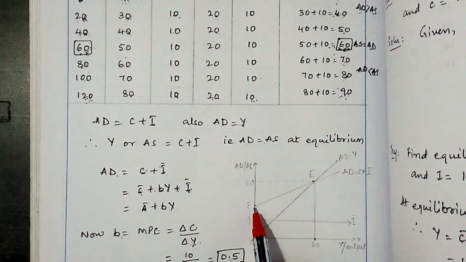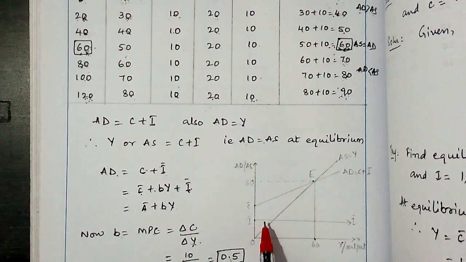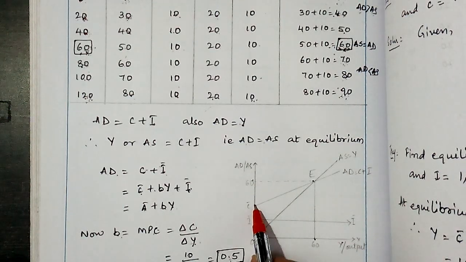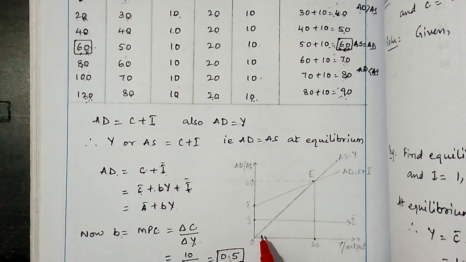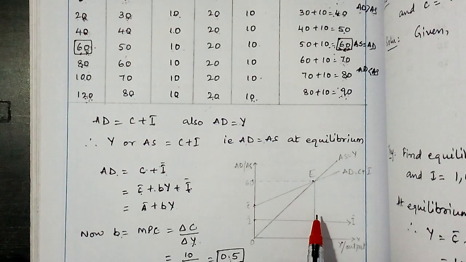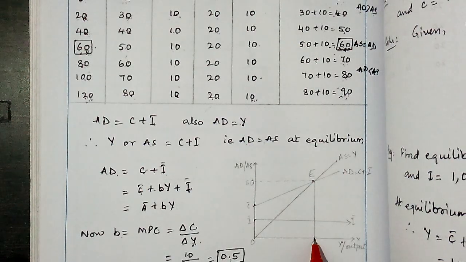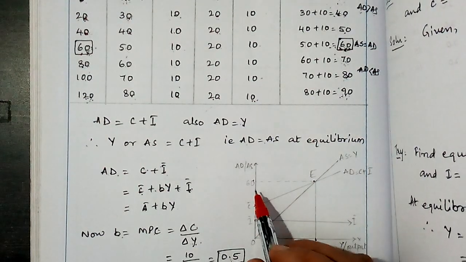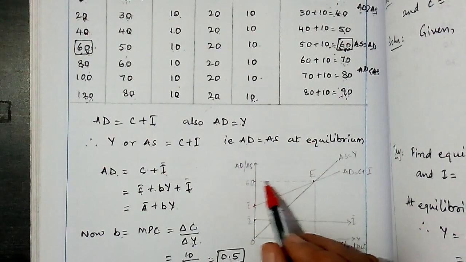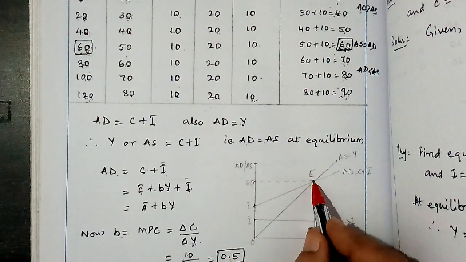Then we have autonomous consumption, which is 20, we learned. So it starts above the autonomous investment. This is 10 and this is 20. And we saw that at 60 AD was equal to AS. So at 60 on the income and on the AD-AS axis, we found that 60 and 60 coincide, and that is the equilibrium point.